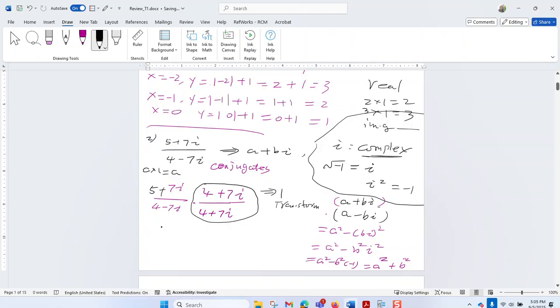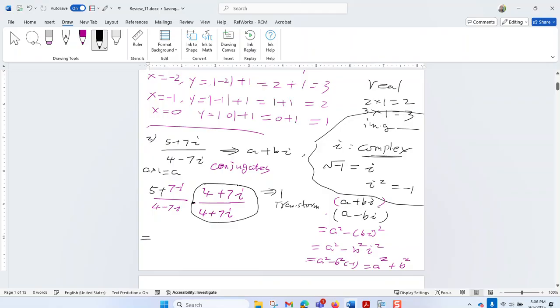So how do you look prettier? I want to get rid of i from the denominator. Just like girls, you do the makeup, but your core value still does not change. Even if you do a little bit of makeup, you are still yourself, you don't change into someone else. Your core value is still the same.